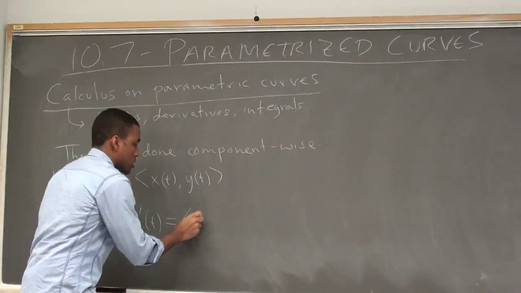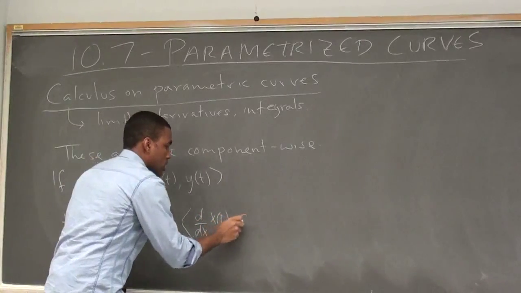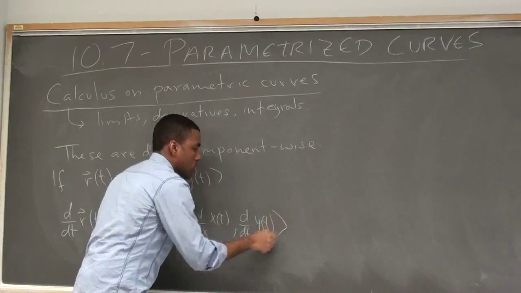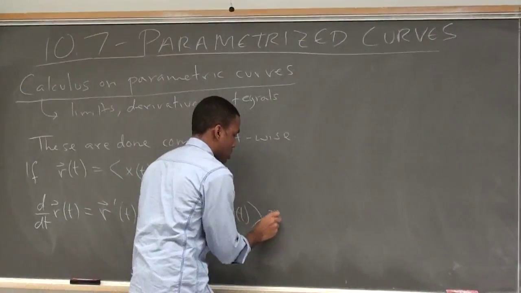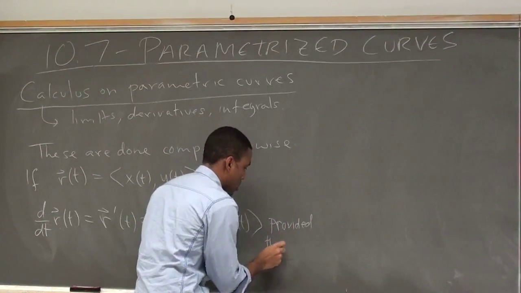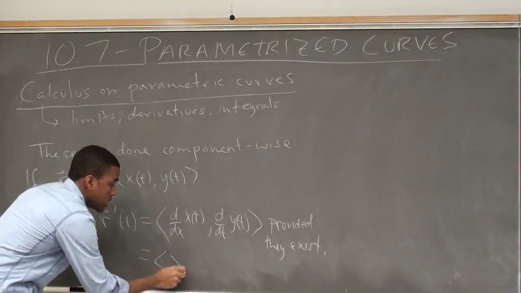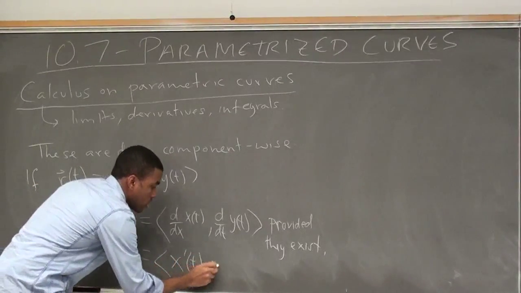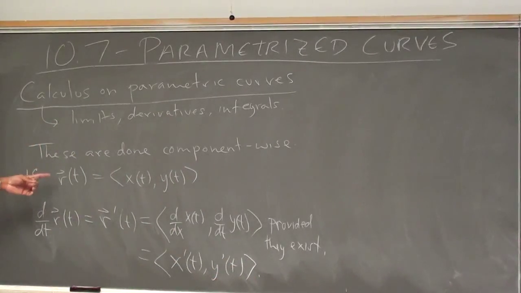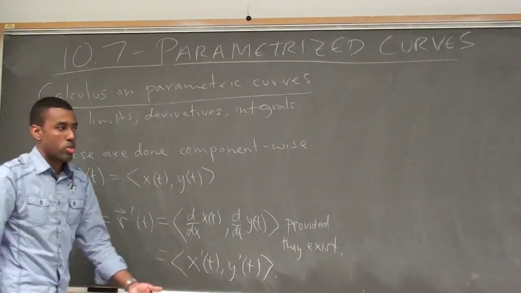This is just d/dt of this function, d/dt of that function, or you can write it as x'(t), y'(t). So the derivative of a vector curve is just the derivative of each component, provided they exist, that we call the derivative.